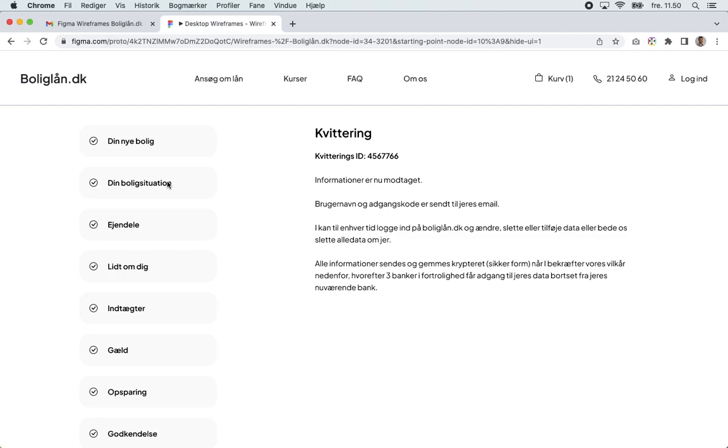No, everyone wants to sell. Well, in 99% of the cases, you can't buy a house without selling the current house you're living in. Why not? Then the really, really rich ones, they don't need boliglån.dk.